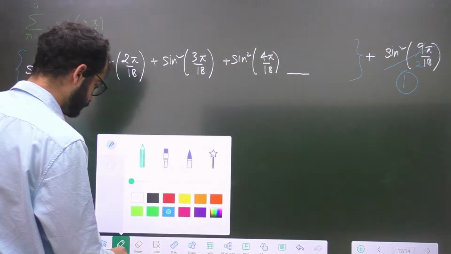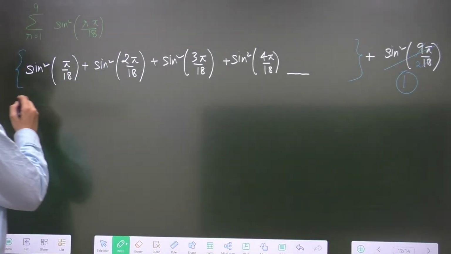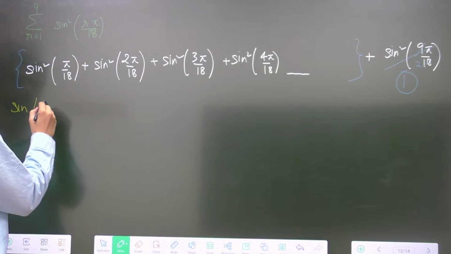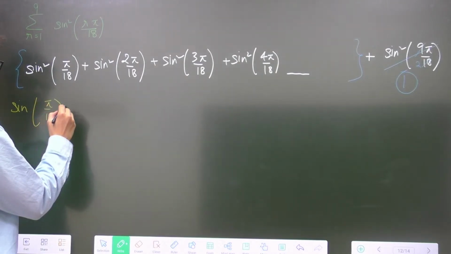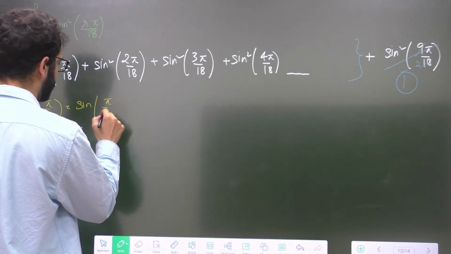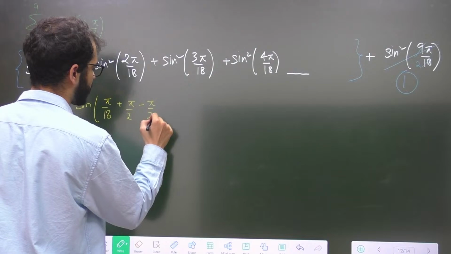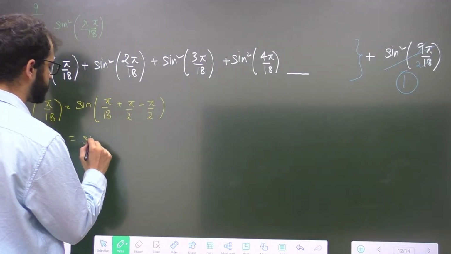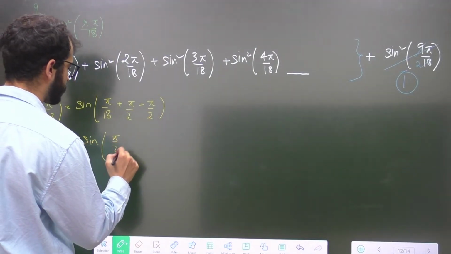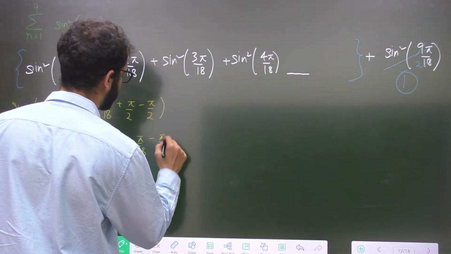So let's see. If I have sine of pi upon 18 and I want to convert it into cos, how will I write this? I'll write it as sine of pi upon 18 plus pi by 2 minus pi by 2. This will be sine of pi by 2 plus pi by 18 minus pi by 2.